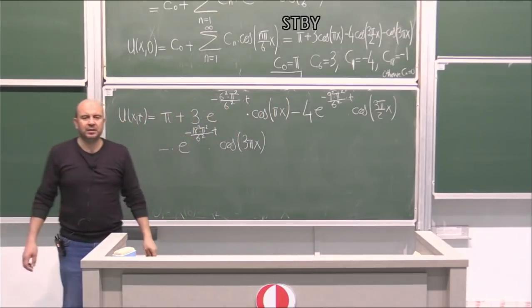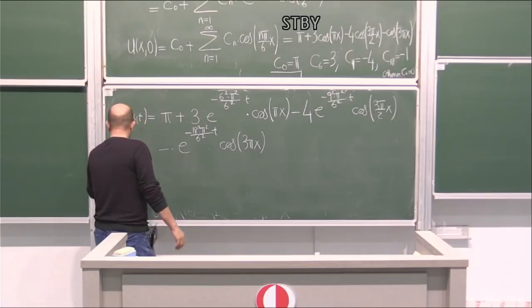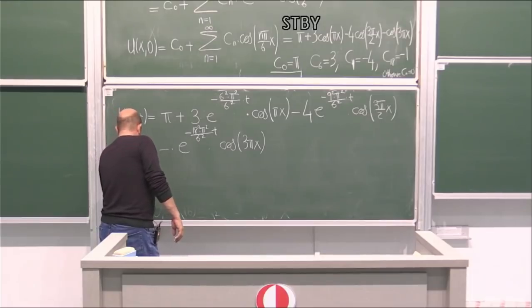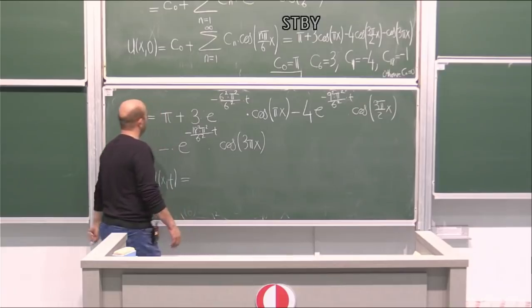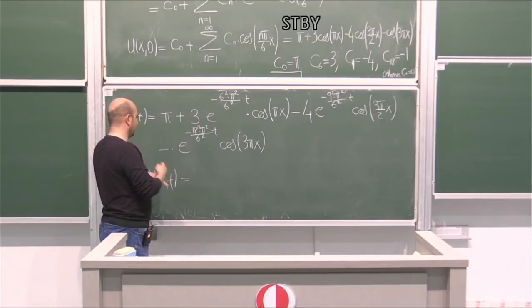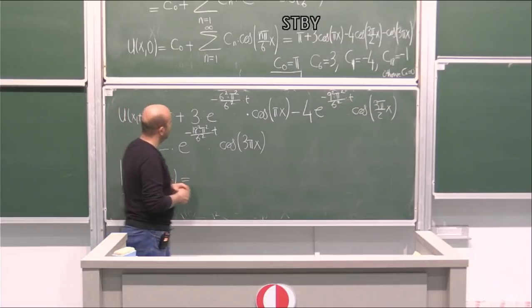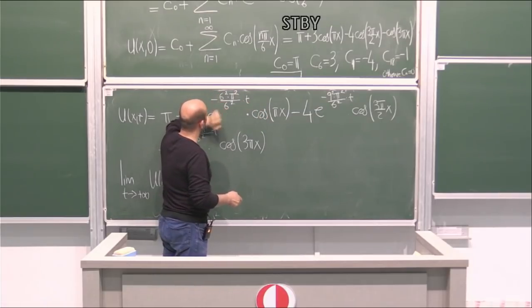And if you look at the steady state solution, which means what happens as t goes to infinity, for this problem, even though it's not asked, let's try to answer it. As t goes to infinity, you're not thinking of x as changing, x is fixed. You're just taking the limit as t goes to infinity. Now this part is fixed, but this part, as t goes to infinity, will go to 0.